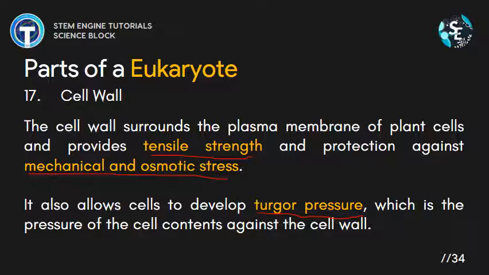It is also through the cell wall that plant cells are able to develop and withstand the turgor pressure. Kapag ang isang plant cell ay na-expose sa isang hypotonic solution or masyadong maraming tubig sa loob ng isang cell, hindi nagbo-burst ang isang plant cell due to the presence of a firm cell wall. So, ayun, that is the primary function of the cell wall.